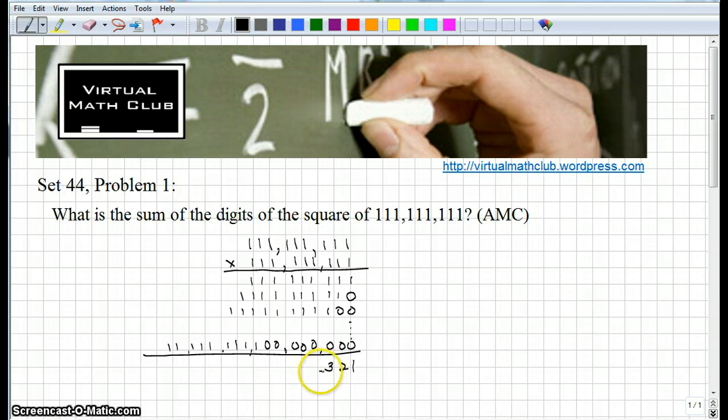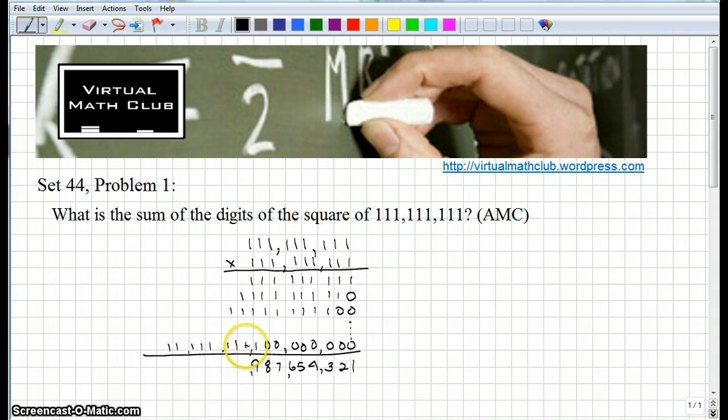You can imagine the next ones are going to be 4, 5, 6, 7, 8, and then this is going to be 9. All these are going to be 1s all the way down. We'll end up having 9 rows here, because we have 9 digits in this number. So this is going to be a 9.